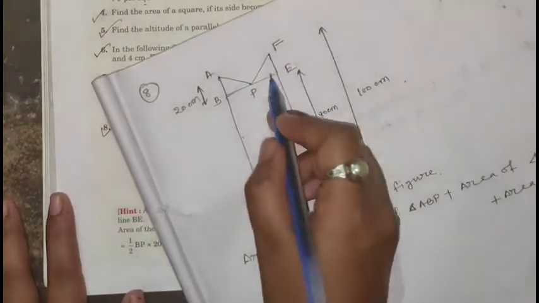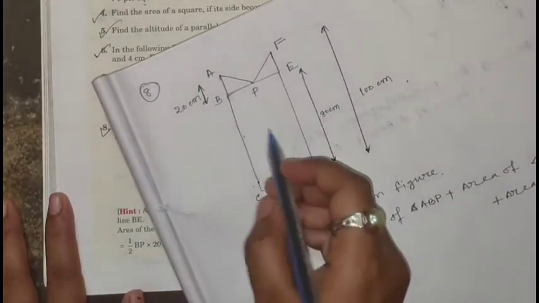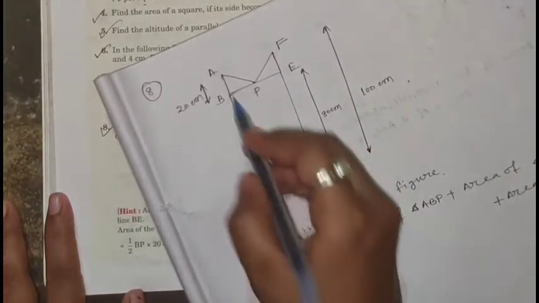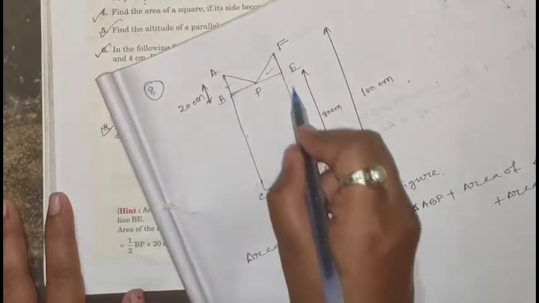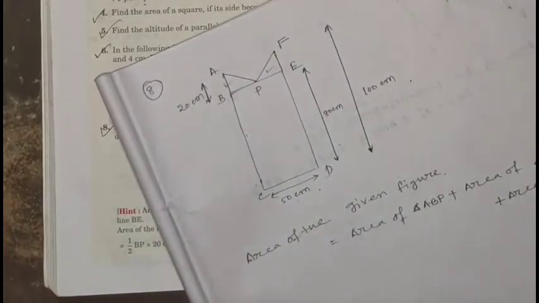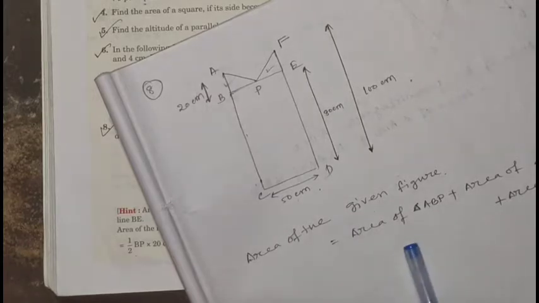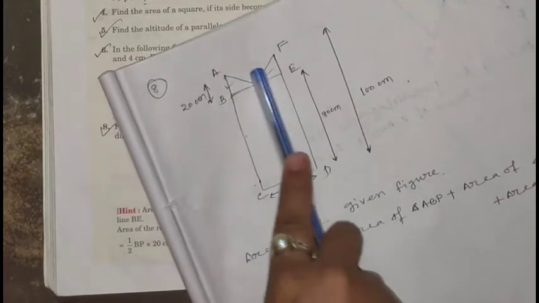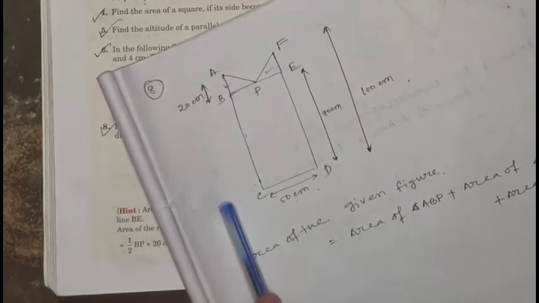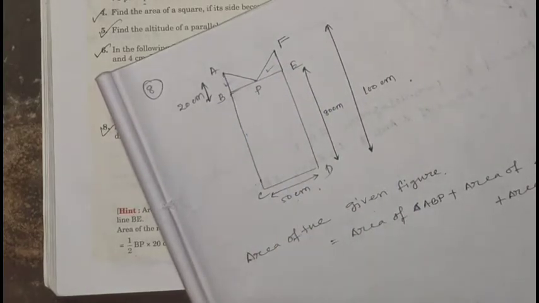Okay, so how can you find the area of this figure? Here in this figure we can see two triangles and one rectangle. So area of the given figure will be area of triangle ABP, area of triangle PEF, and area of rectangle BCDE.